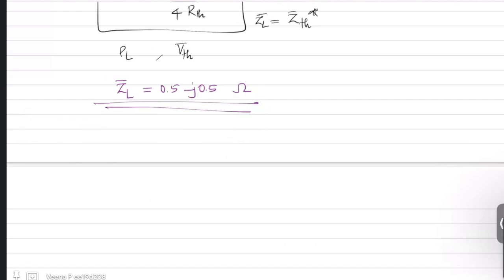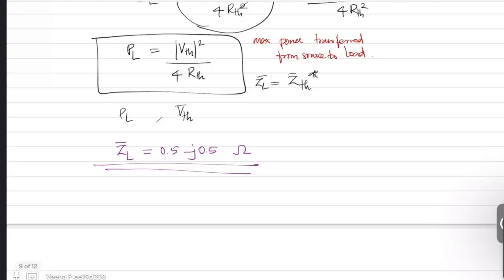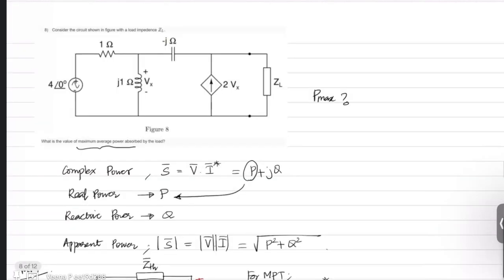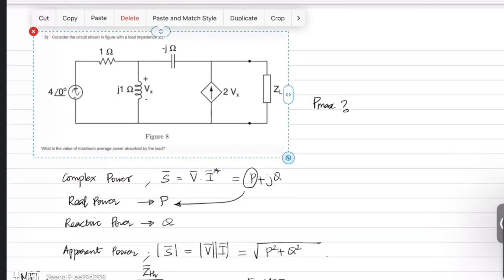So this is your ZL. So R Thevenin is the same as the resistive component of your load, which is 0.5. So you have that, but you have to find what is V Thevenin for the given question.